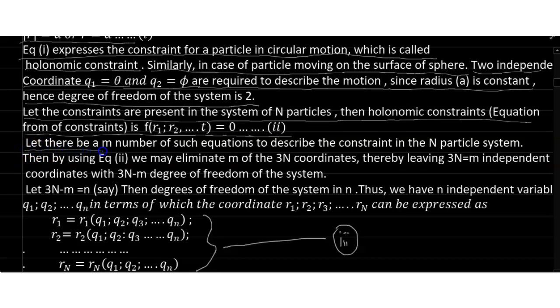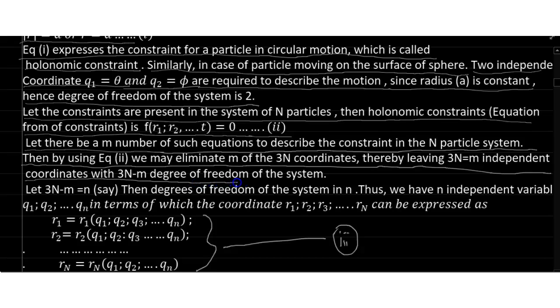Let there be m number of such equations to describe the constraints in the n particle system. Then by using equation 2 we may eliminate m coordinates, leaving 3n minus m independent coordinates, with 3n minus m degrees of freedom of the system.